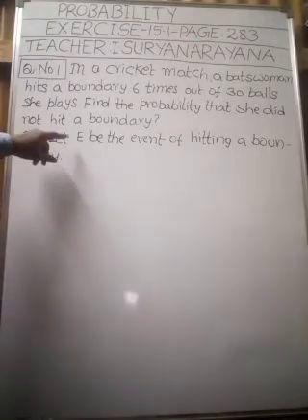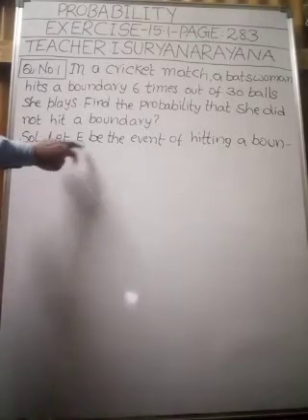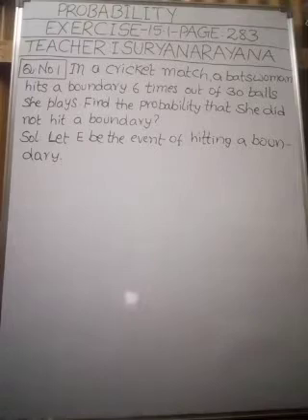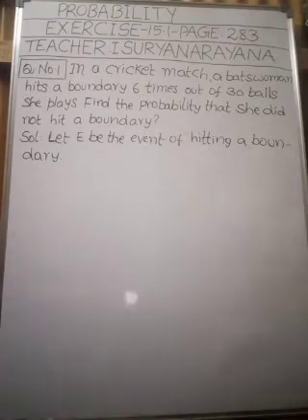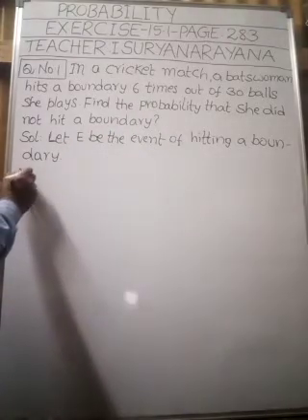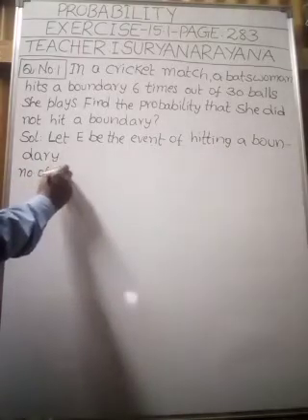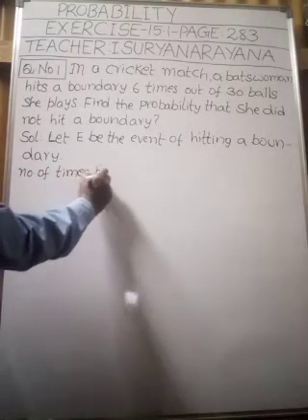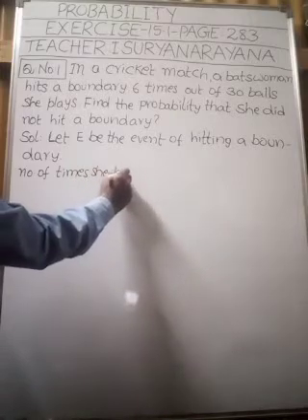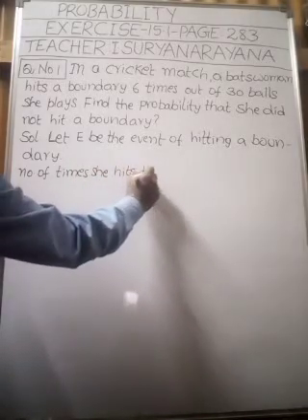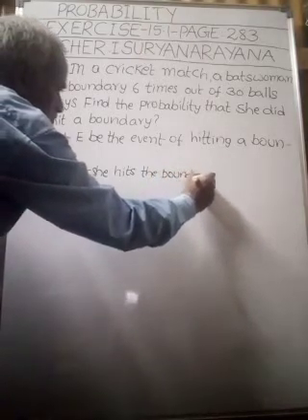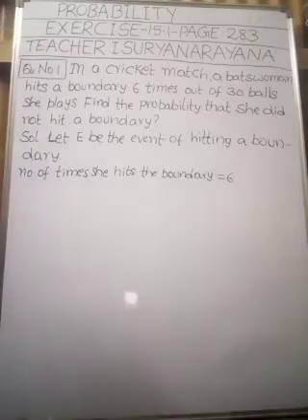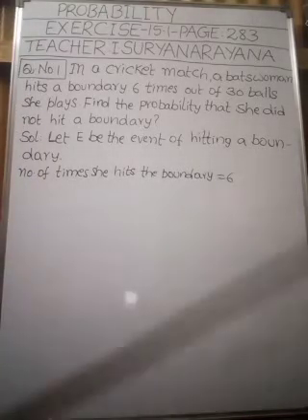Okay, my children, just we are assuming that E be the event of hitting a boundary. How many times she hits the boundary? 6 times. Yes or no, my children? So, number of times she hits the boundary. She hits the boundary 6 times.